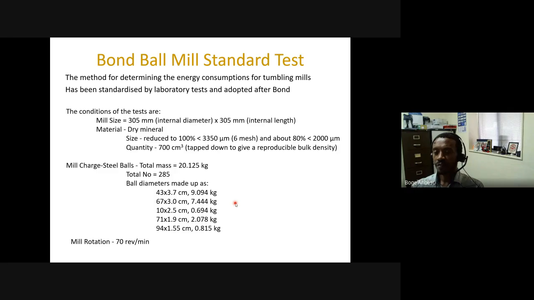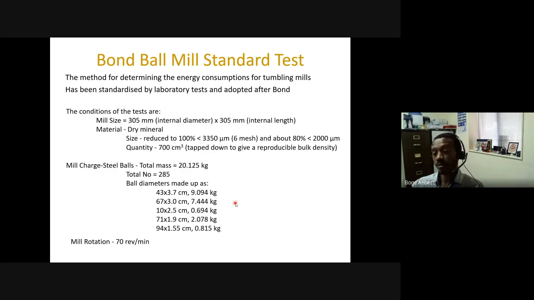If I rotate the mill at a higher speed, what happens normally is your breakage mechanism changes. As I rotate the mill at a higher speed, the mechanism goes from abrasion, as I told you earlier, to impact, because as the mill rotates faster, everything will be lifted in the mill and dropped to the toe of the mill, and all the balls inside the mill will be lifted up and fall down on the interior of the mill, producing high impact.